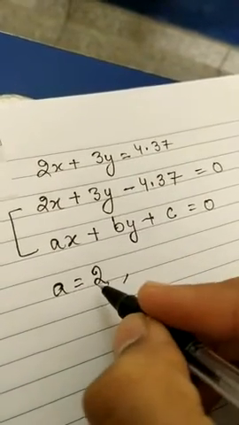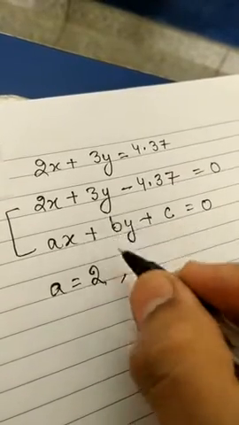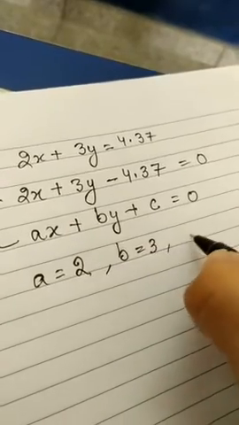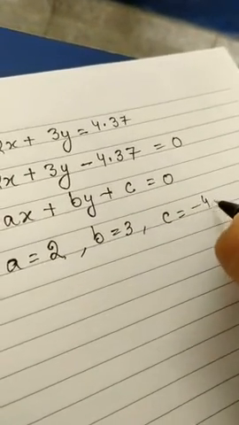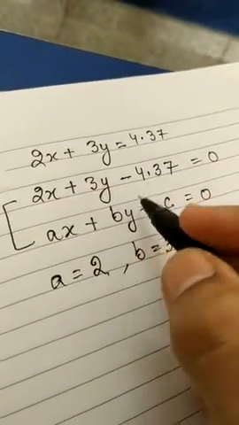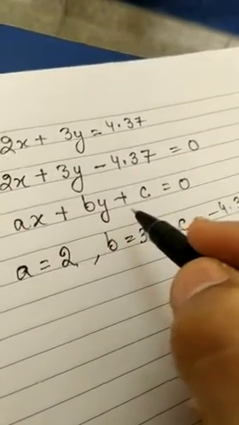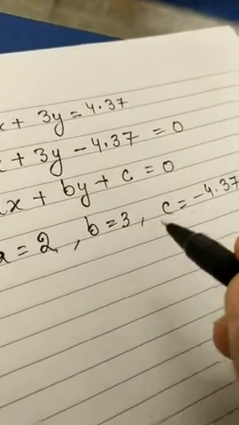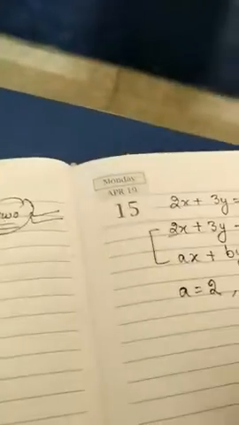A is equal to 2, b is equal to 3 and c is equal to minus 4.37.